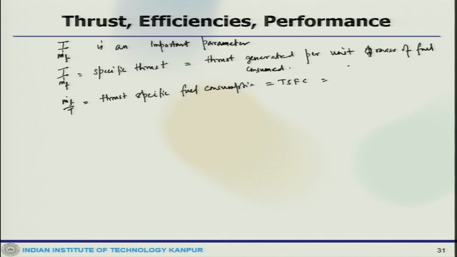That means fuel consumed per unit thrust. So, just to produce 1 unit of thrust, how much fuel is consumed, that is called the TSFC, and this is one of the parameters which is often provided for describing an engine or configuration.